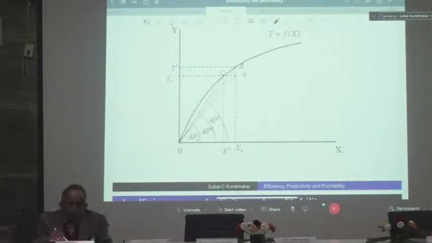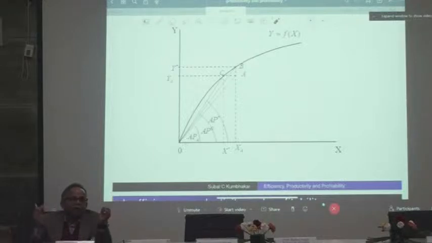Draw a line from point A to the origin; that's going to be productivity, or average product. Productivity if the farm was fully efficient would be higher, because the slope connecting 0 to A is less than the slope connecting 0 to B. Right? So this is obvious.